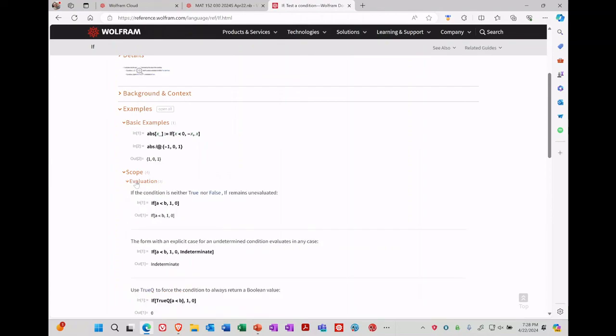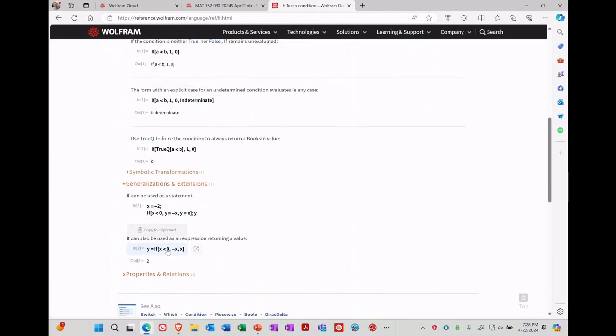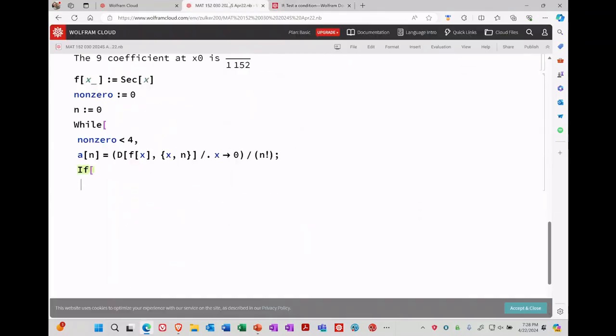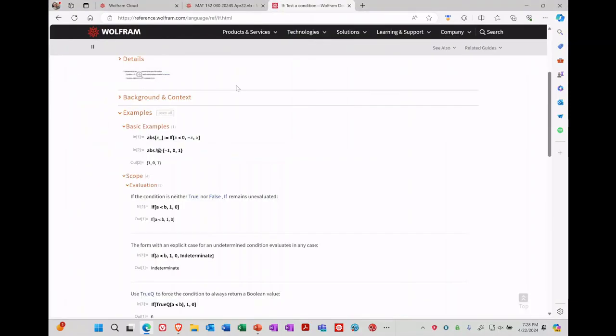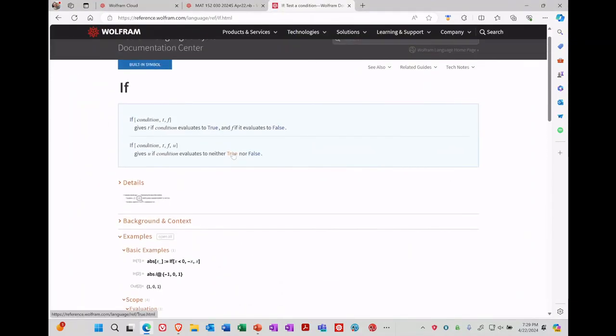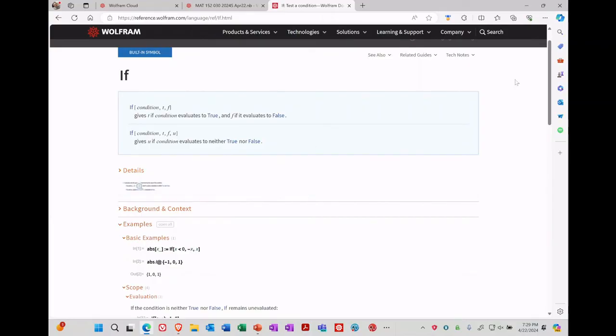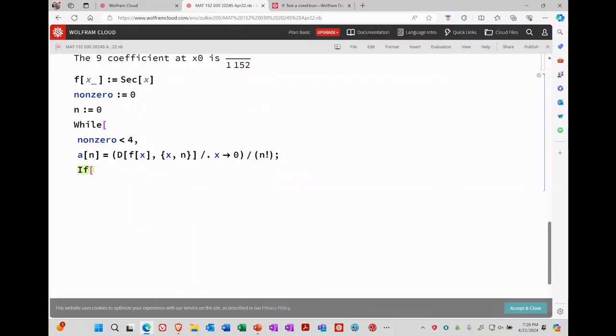Don't know if I can actually do it or not. Let's try. No, it's not going to let me, is it? Before I do that, let's do a print command.